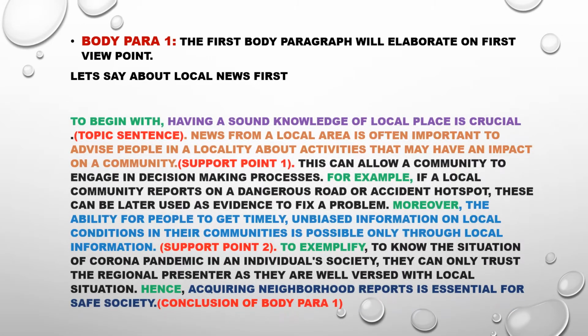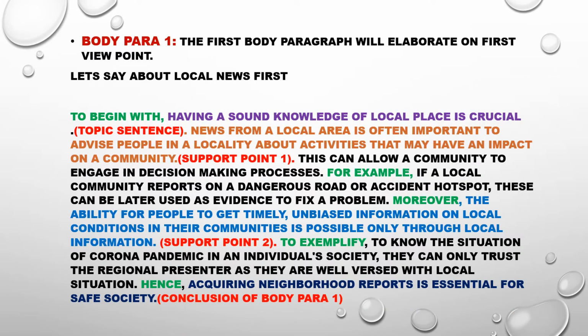Okay, so I am going to discuss local news here first. So I am saying, to begin with, having a sound knowledge of local place is crucial. So this is my topic sentence. Always start your body paragraph with topic sentence. Okay, so your body paragraphs will have one topic sentence, supporting point, example, or you can include your evidence, then another supporting point, and then evidence or example.